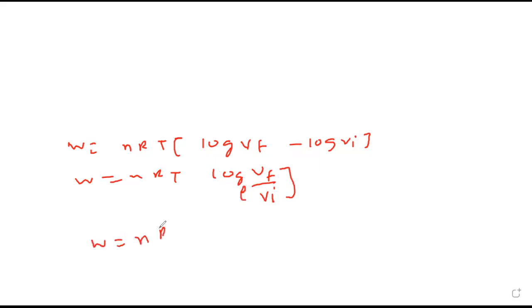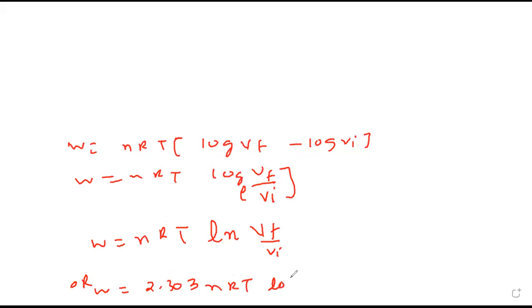So we can write nRT natural log V final upon V initial, or 2.303 nRT log to the base 10 V final upon V initial. This is the expression for work done.